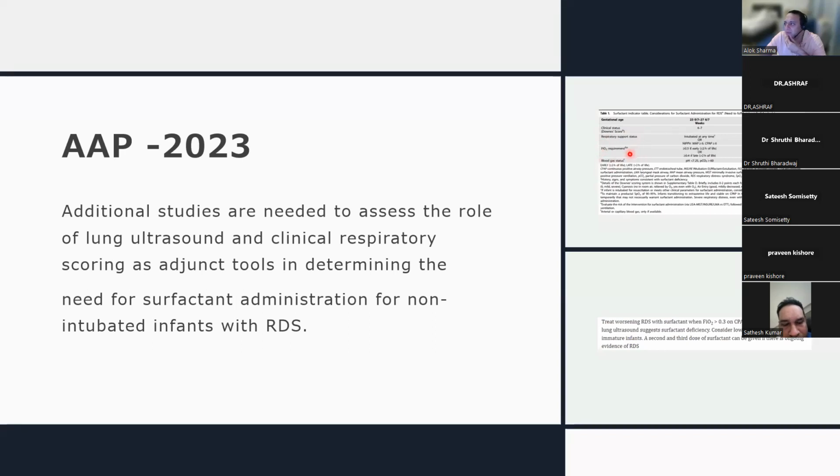And if your FiO2 is more than 0.3 at any stage, in particular early on within the first 2 hours of life, then we should be giving the baby surfactant. But if after 2 hours the baby's not as symptomatic, unless the FiO2 rises above 0.4, we might wait a little bit longer to give surfactant.